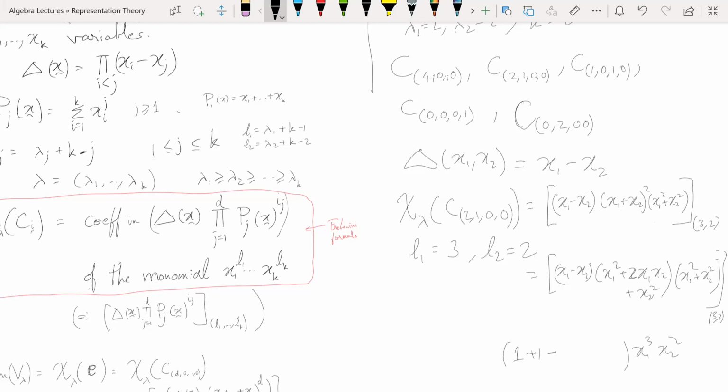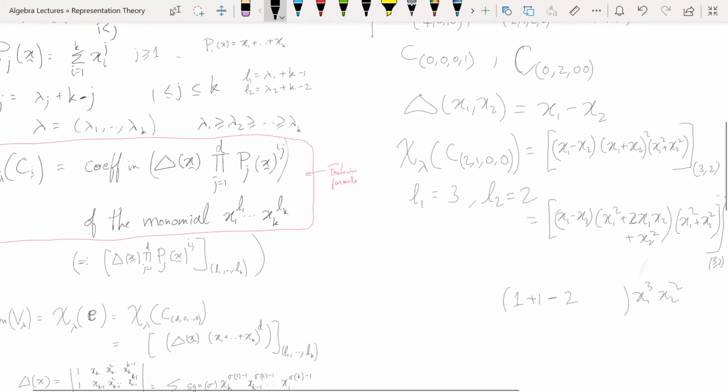So that is the only way possible. So my x2 square, I have to take this term and then the rest is fixed. I can't do anything else. If I take x1 square here, then that's not it. So it turns out to be 0.